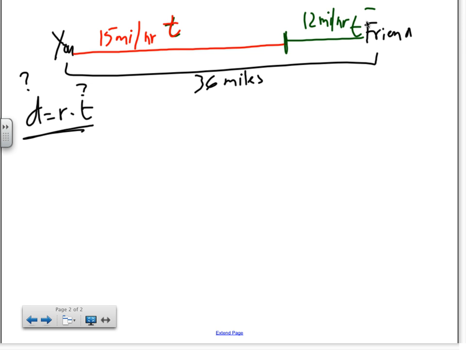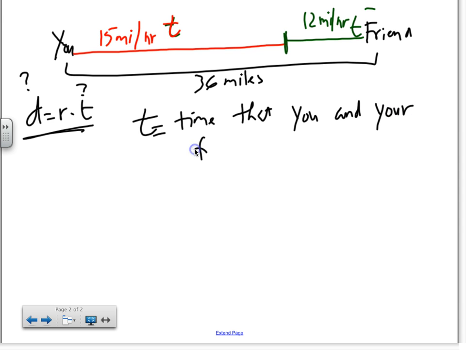There's no difference in time. So in this case, you just say t represents the time that you and your friend are on the road.